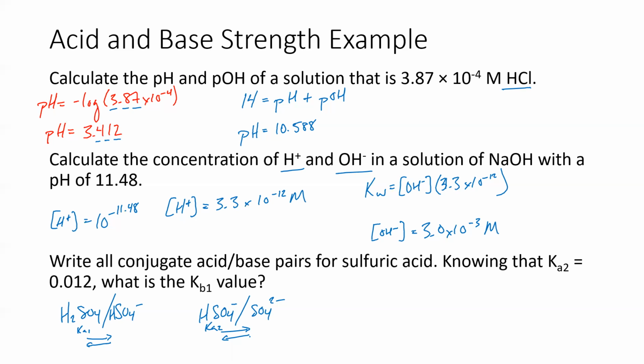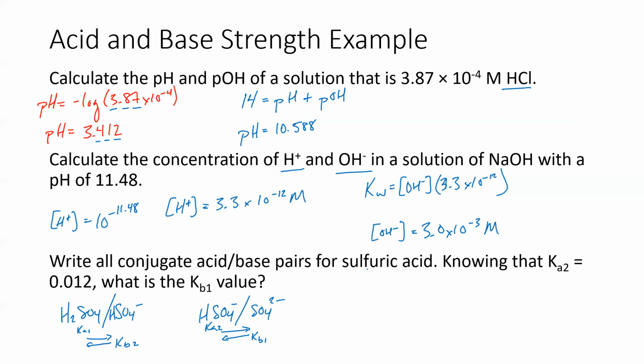And so Kb1 is connected to Ka2, and Kb2 is connected to Ka1. A little confusing there, but just think about it as sort of making this cycle. We have to lose 2 protons to get all the way to the base, and we gain 2 protons back to get all the way to the acid. So Ka1, Ka2, then backwards Kb1, Kb2.